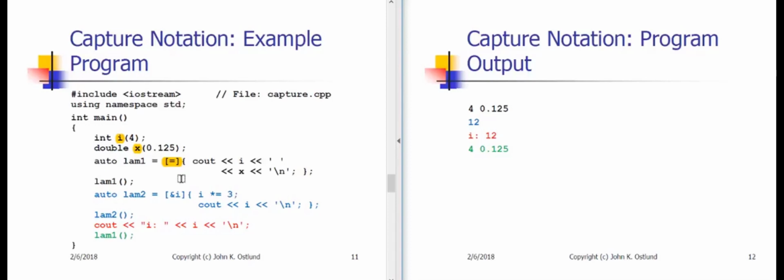So we're capturing the current values of those objects for use in the body of the function. That is, if I use I in the body of the function, that will be replaced with a 4, and if I use x within the body of the function, that will be replaced with a 0.25. Okay, so when I call lam1 with the function call operator, what I get displayed is this black output.